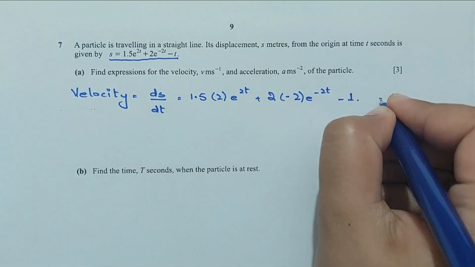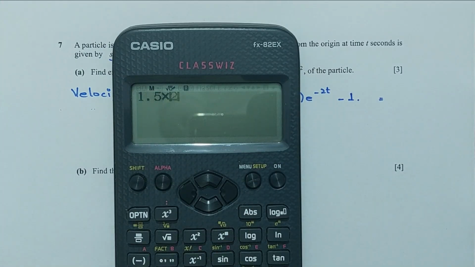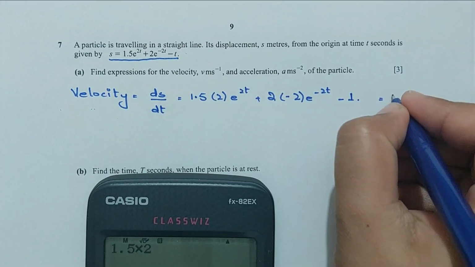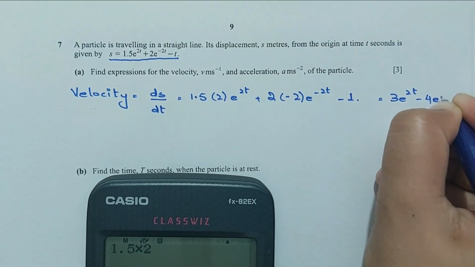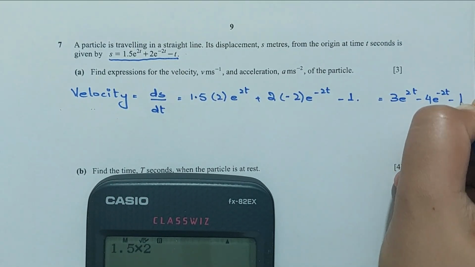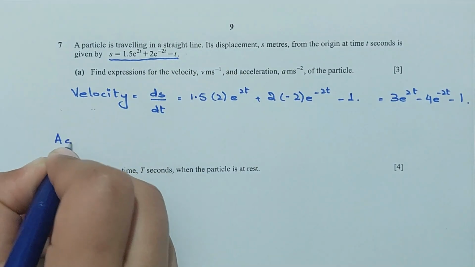So the velocity we can say is 1.5 times 2, which is 3 e to the power 2t, minus 4 e to the power minus 2t, and minus 1. Now let me solve for acceleration.